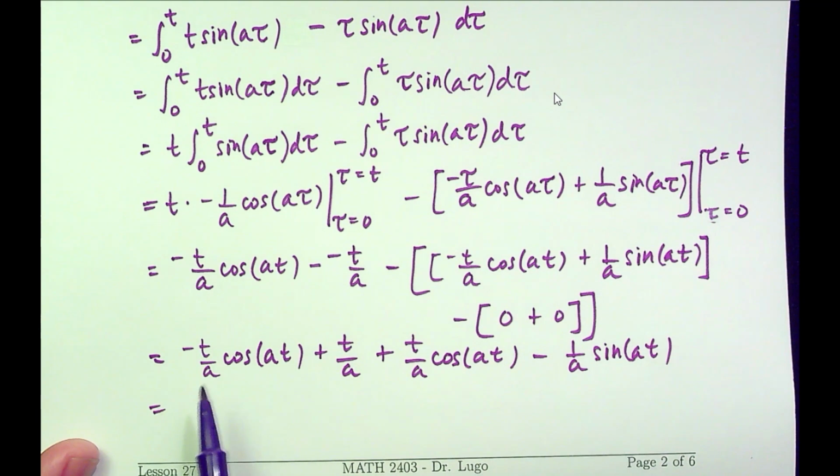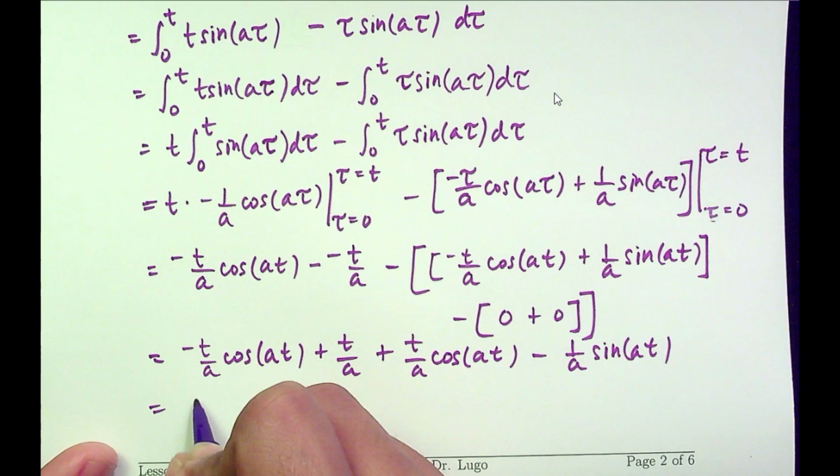And then note that the first term and the third term are identical but with opposite signs. So that means they're going to cancel each other off. So the only thing that survives is the second term and the fourth term.